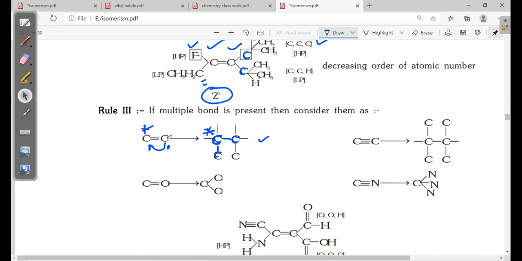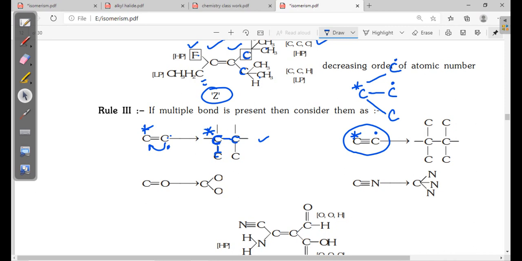In the examples, you will get it easily. Try to understand. If 3 bonds are there, this star carbon is connected with a dot carbon by a single bond, and 2 more bonds mean 2 more carbons are connected. We have to assume it like that.